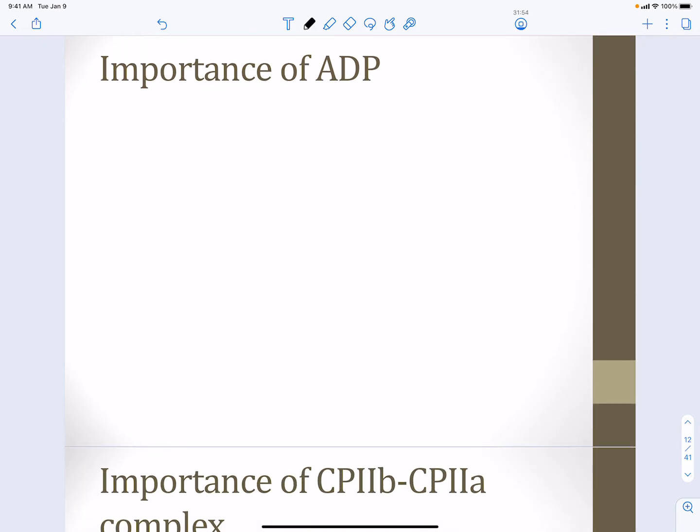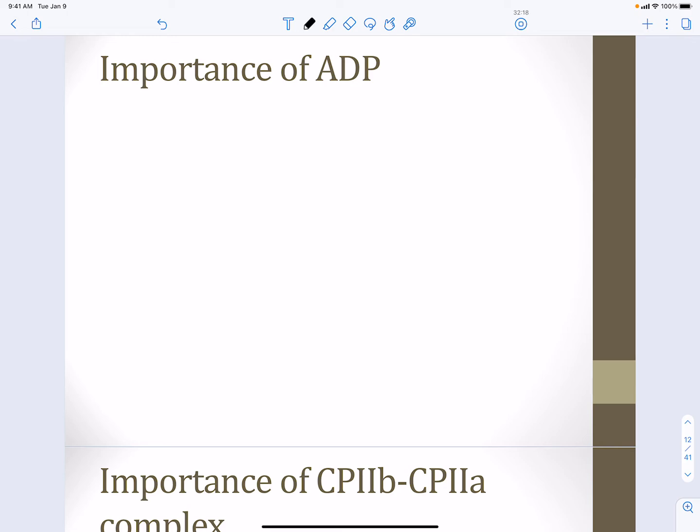So why is adenosine diphosphate important? Part of this is because the adenosine diphosphate receptor on the surface of the platelets is going to trigger more thromboxane to be produced, as well as be critical to maintain platelet activation.